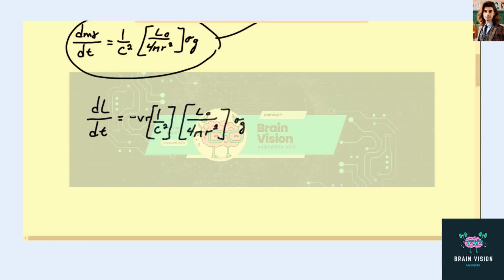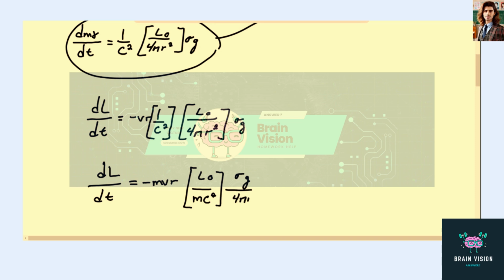What we want is m at the bottom, so we divide by m and use the expression of L for m v r. So multiplying and dividing by m, dL/dt ends up as m v r times luminosity over m c squared, and then we also have omega g over 4 pi r squared.